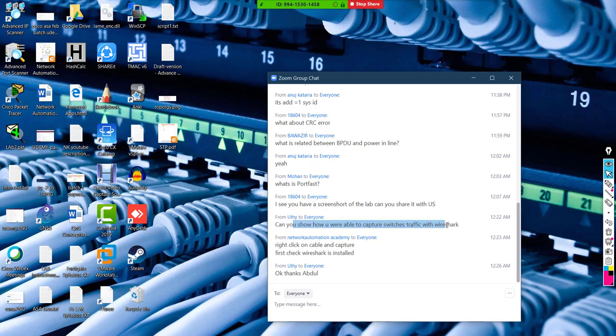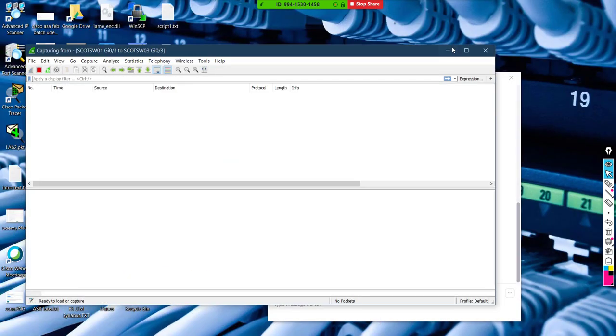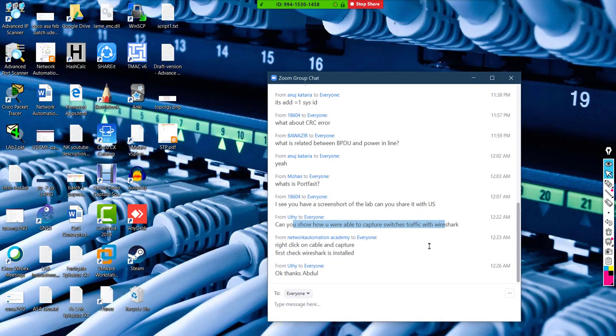Okay, regarding the capture of Wireshark, it was just a right click. Basically you have to bring the switches powered on. You cannot run Wireshark on turned off switches. So when the switches are green, right click on the interface and just start it up. Okay, so it will start capturing the packets. That is the inbuilt feature of GNS.